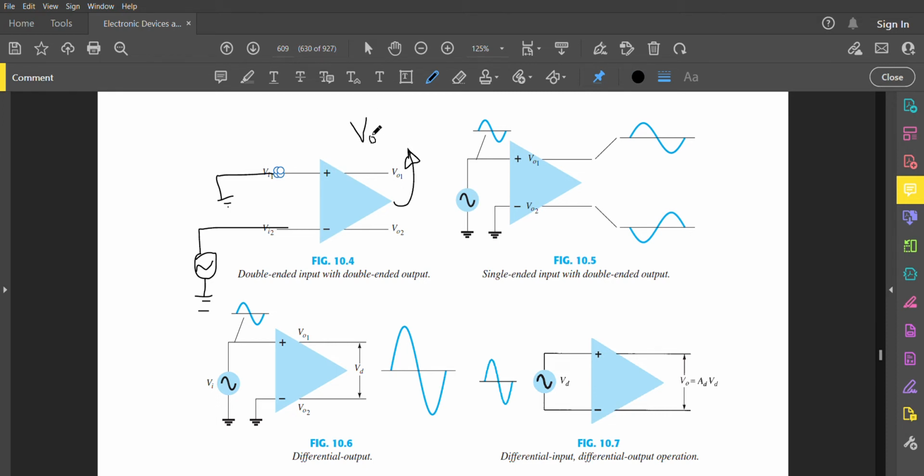So this will be V01 minus V02. So this will be the difference. We are getting the differential output. Let me call this VDO.